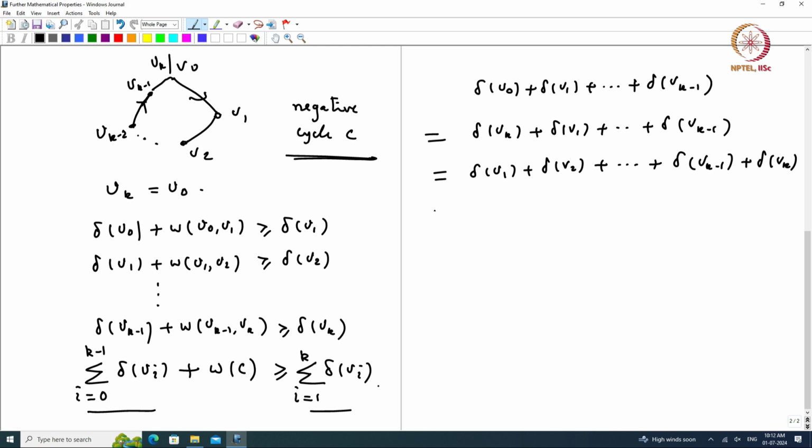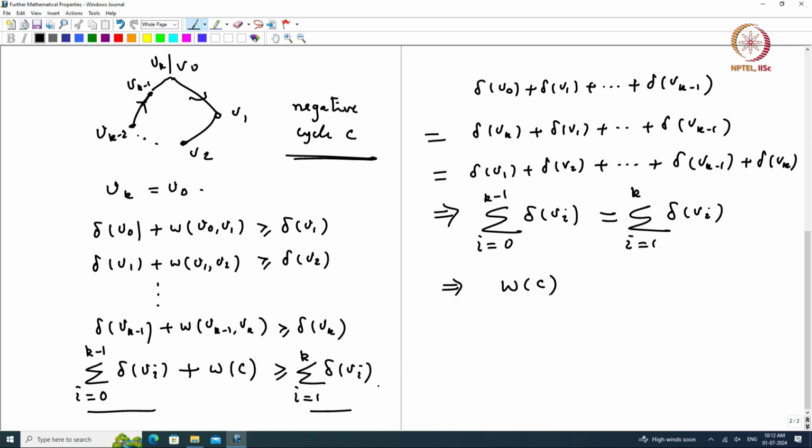All right. This implies sigma i equal to 0 to k minus 1 of delta V i is the same as sigma i equal to 1 to k of delta V i. Because these two are equal, we cancel them, equal terms can be cancelled, and you get W of C is greater than or equal to 0.